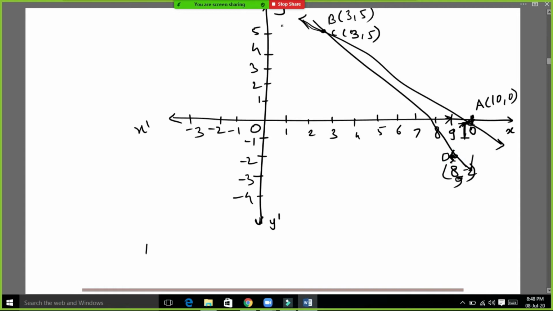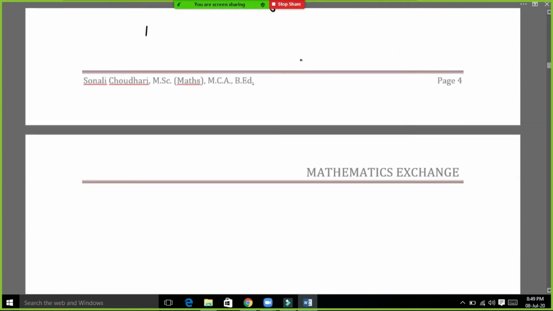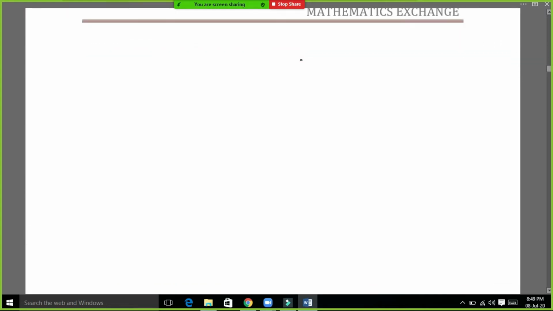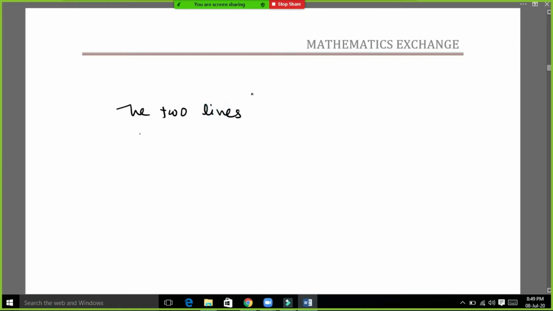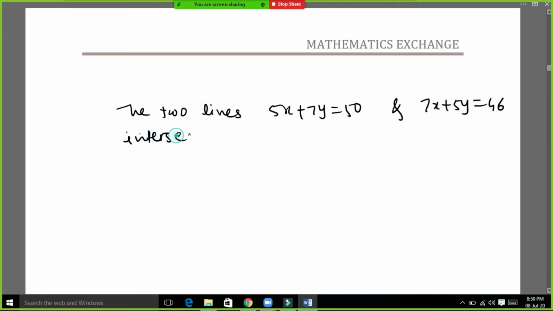So suppose this is the point. The intersection point is (3, 5). So the required solution is (3, 5). So write down the answer. The two lines 5x plus 7y is equal to 50 and 7x plus 5y is equal to 46 intersect each other at the point, suppose P of (3, 5).